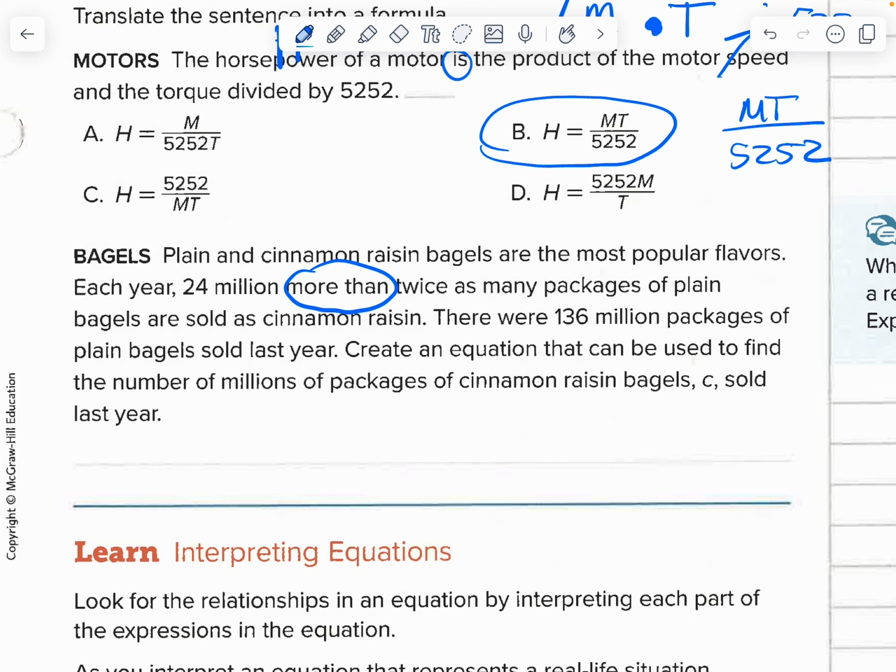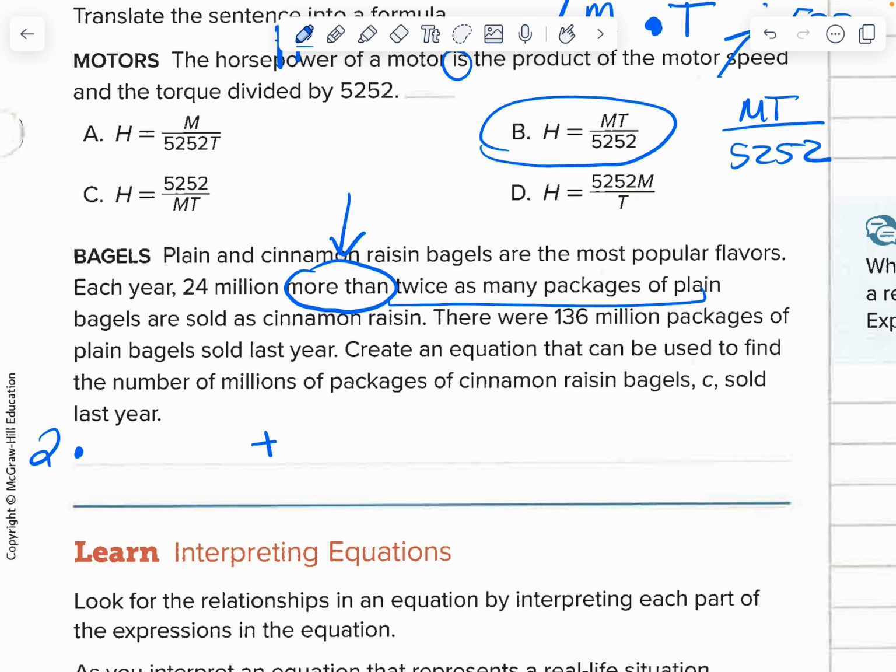Create an equation that can be used to find the number of millions of packages of cinnamon raisin bagels. Okay? So this phrase right here, more than, means that we're going to be adding.